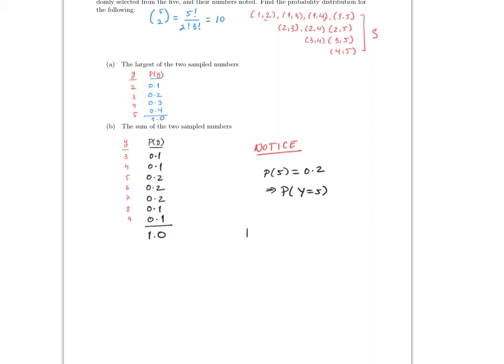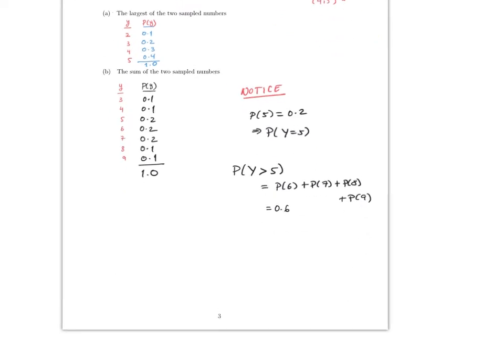Now, if I ask you what the probability is that the random variable has a value more than 5, then more than 5 will be 6, 7, 8, and 9. And then you will just simply add these values 6, 7, 8, and 9, which in this case is 0.6.